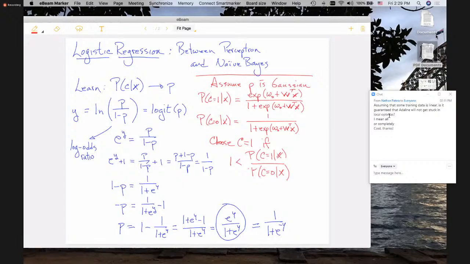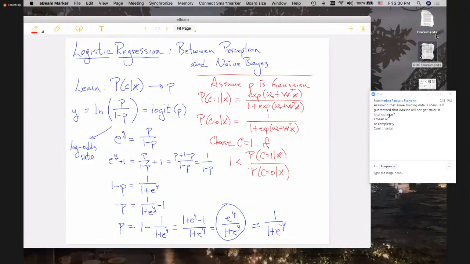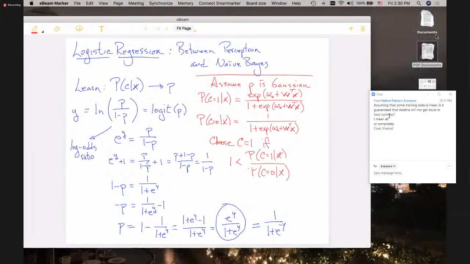Now notice that what we've just done is we have represented that odds ratio. And if we take the log of the odds ratio and get the logit, then what we find is that this will reduce to this.